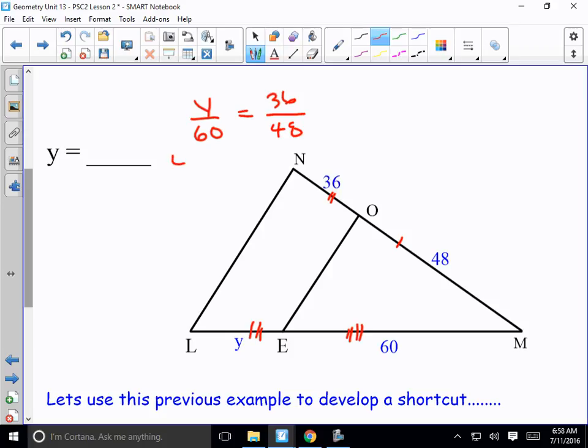So then we cross multiply. We've got 48y equals 60 times 36, 2160. Divide by 48, and we get y equals 45.